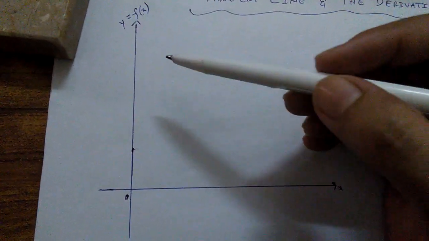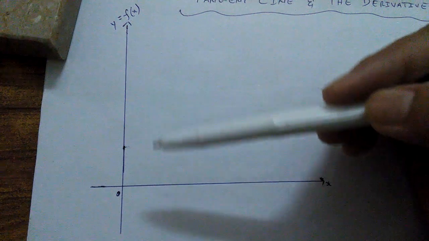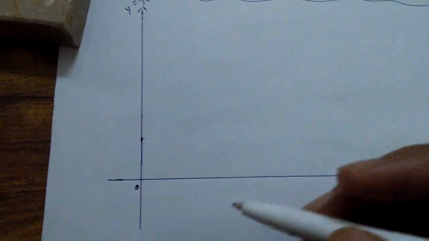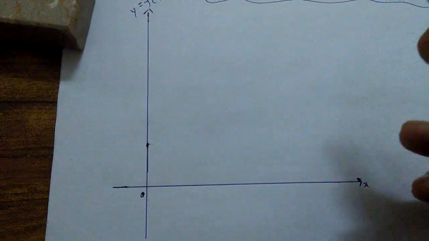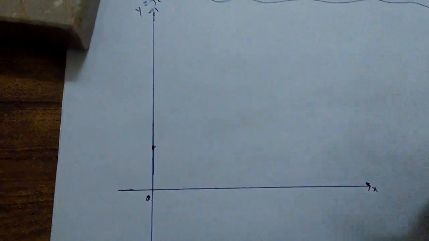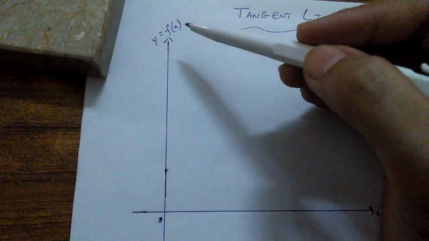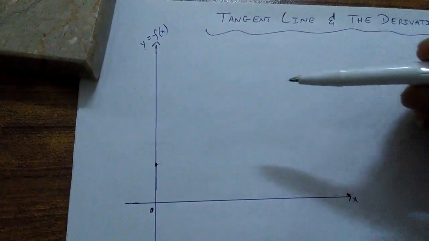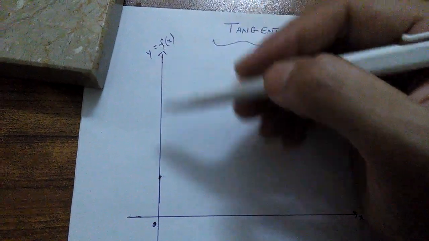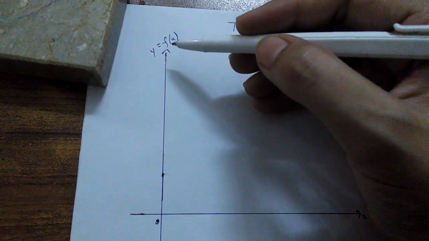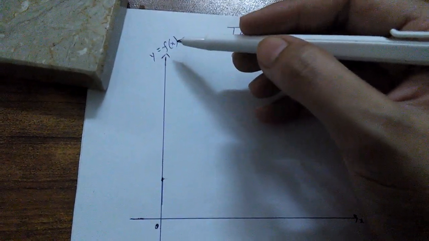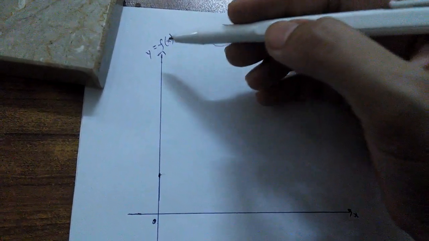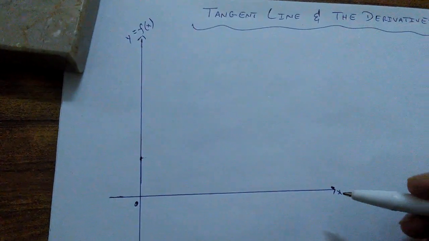Okay, so I've just tried to maintain a Cartesian plane, and I'm focusing on the first quadrant just for convenience. I'm going to draw a graph of any function f of x. You can see that I'm using a single variable function, and on the y-axis I'm going to plot the values of f of x, because the function is based on the independent variable x.